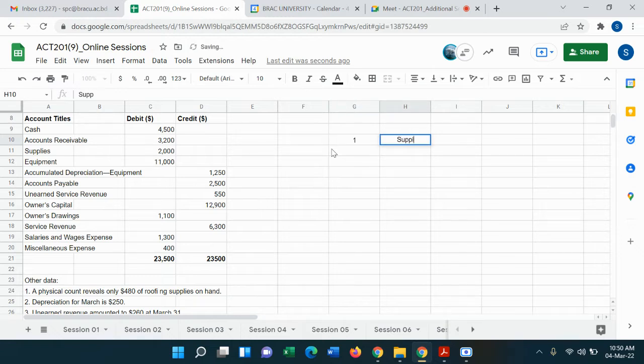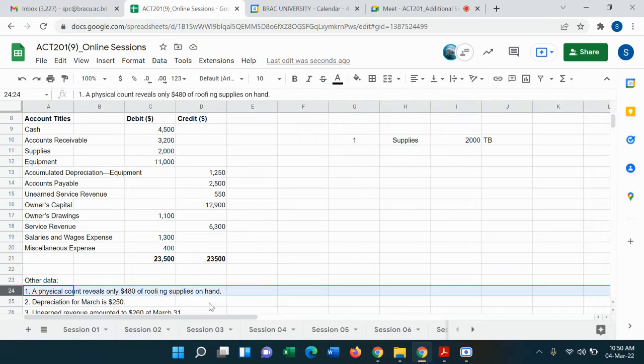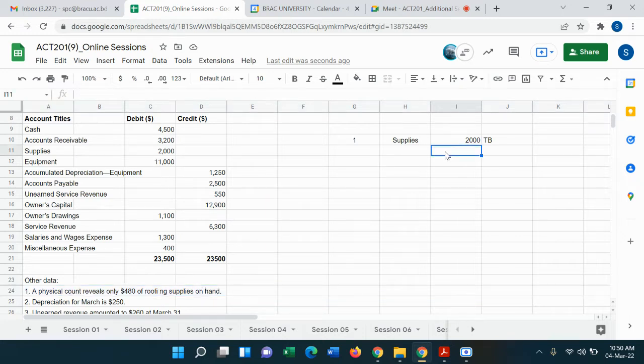First one, there is a supplies balance in the trial balance with an amount of 2000. This is given in the trial balance. So how should we handle it? On hand means unused. So they have given the information for how much is unused. Another portion will be used.